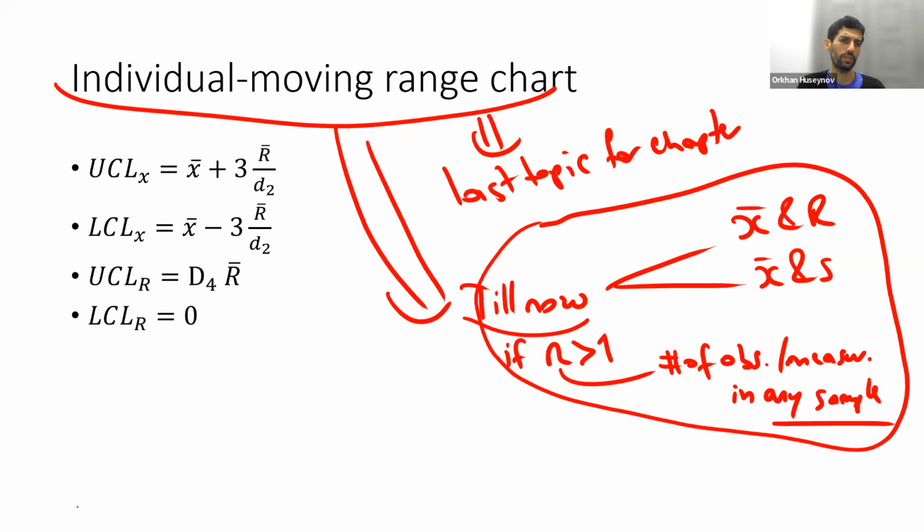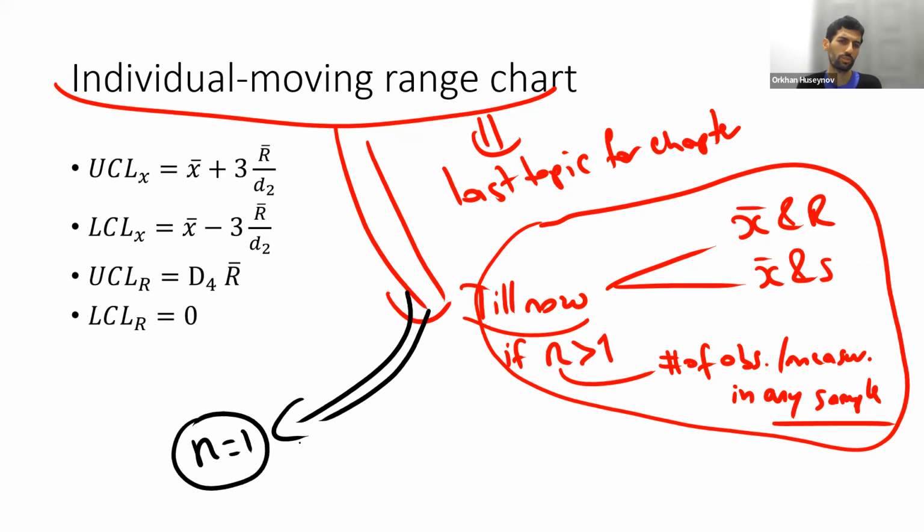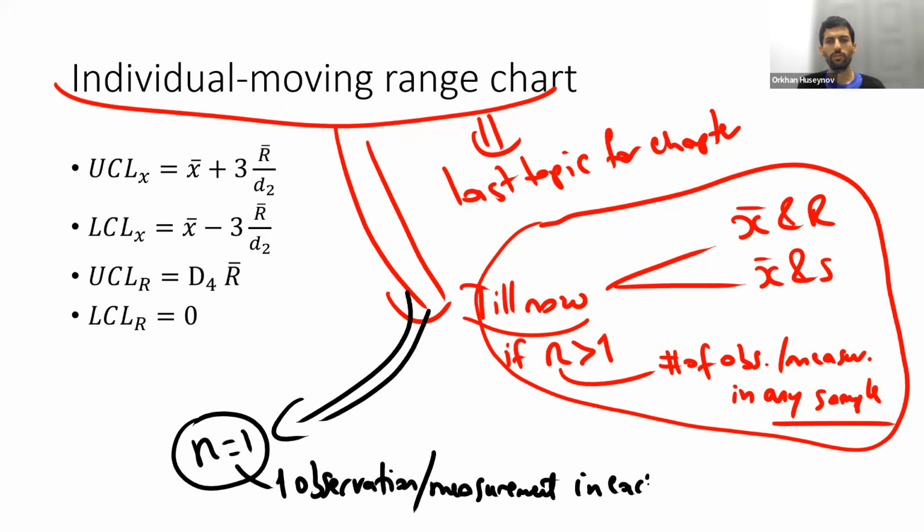Now comes the individual and moving range chart. Here, n is 1. So we have one observation, or one measurement, in each sample. Similarly, this is option 1.